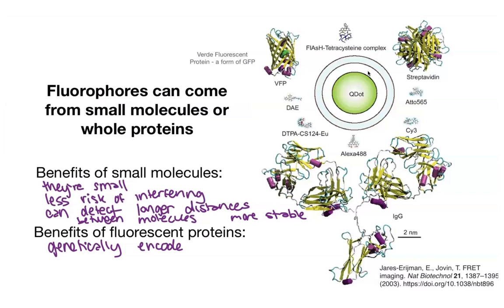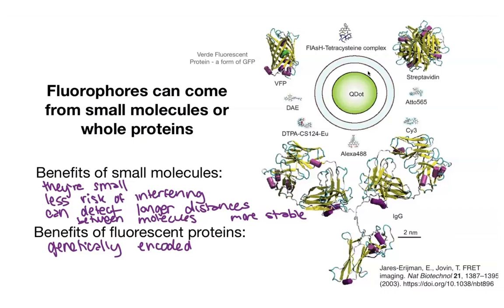Now, you can't genetically encode the instructions for putting on Cy3 or one of those small molecules, at least within the cell, but you can genetically encode the instructions for making that fluorescent protein. So that is one of the main benefits of having a fluorescent protein, being able to get cells to attach it to proteins when those proteins are actually made inside of the cells.